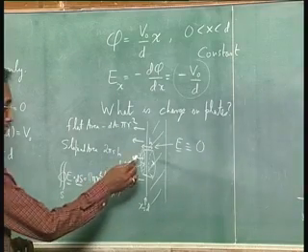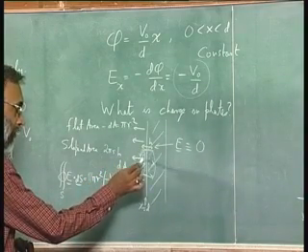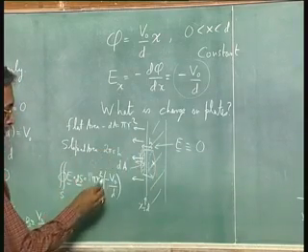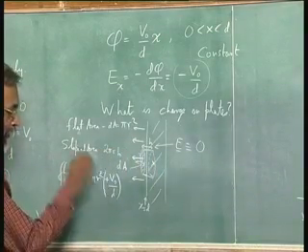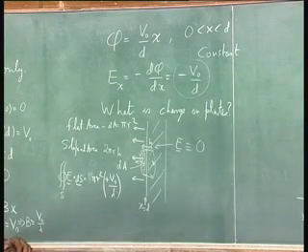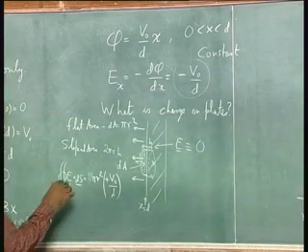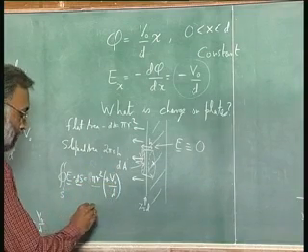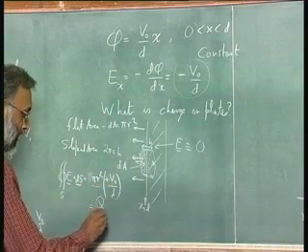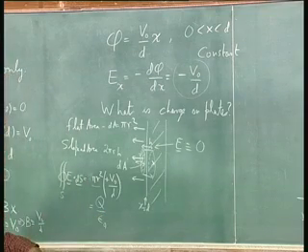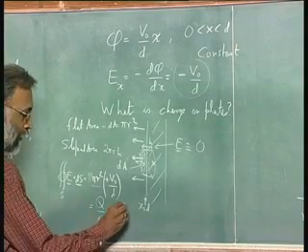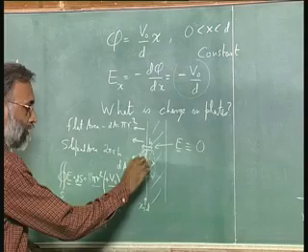However, the normal to the surface is pointing in the negative x direction. So, this minus sign becomes a plus sign. So, this gives me the area times the electric field, which must be equal to the charge divided by epsilon naught. Well, what is the charge? Charge is nothing but the amount of charge on the plate times the area of that region.